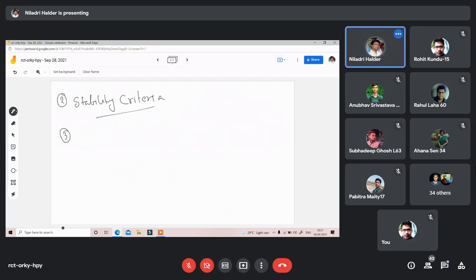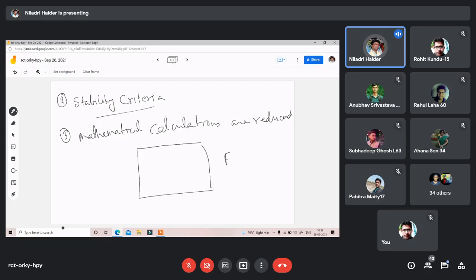Point 3 is that the mathematical calculations are reduced. I am just giving a simple example of how it is reducing. When we do the FFT, it will be more clear to you.